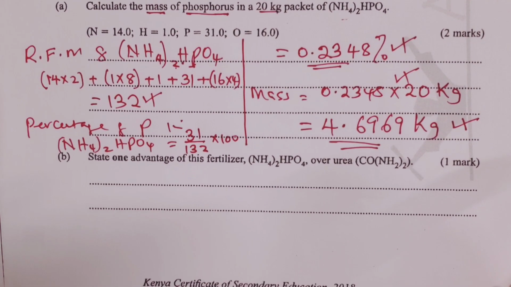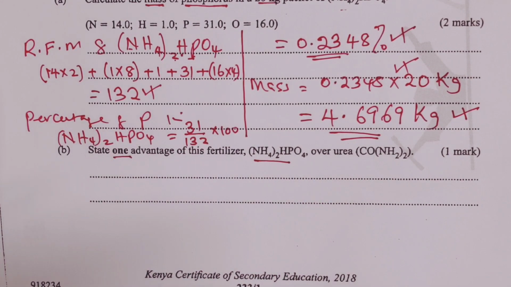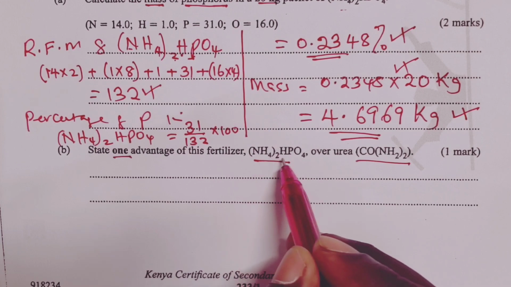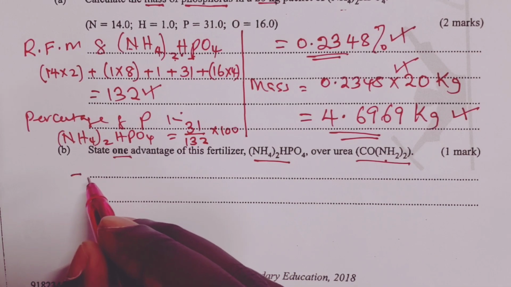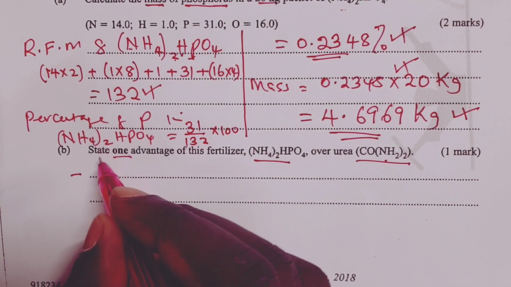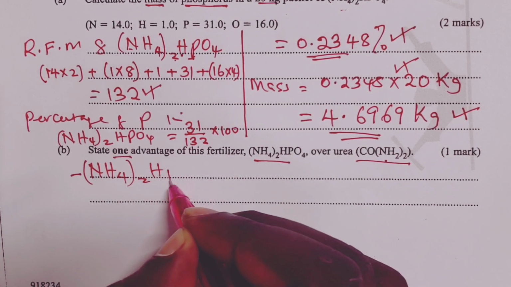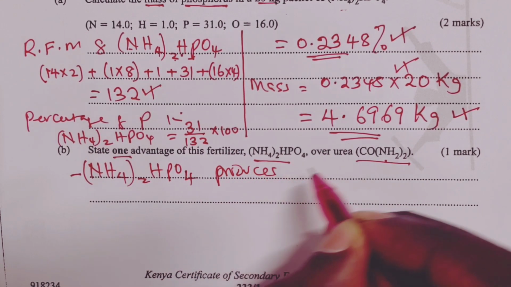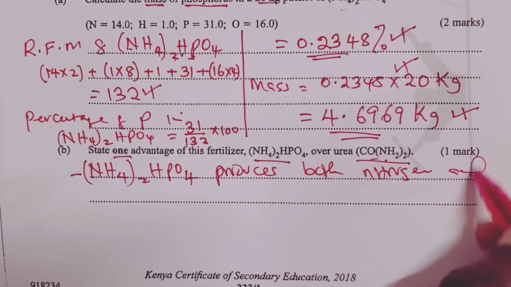In part B, we are asked to state one advantage of ammonium hydrogen phosphate over urea. So you realize that this is supplying nitrogen and phosphorus as well, but urea here would only give us nitrogen. So the answer here is supposed to be that ammonium hydrogen phosphate produces or supplies both nitrogen and phosphorus.